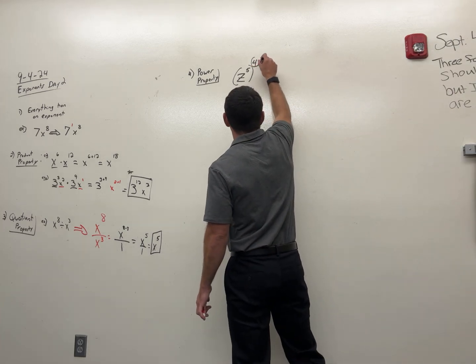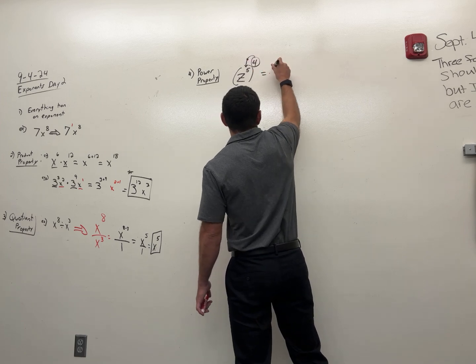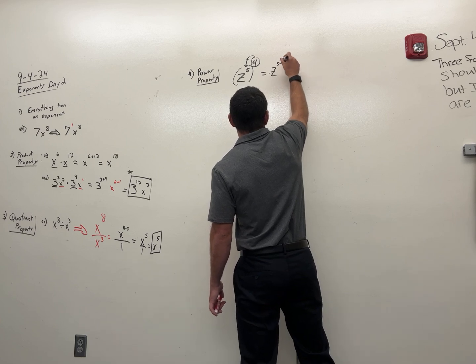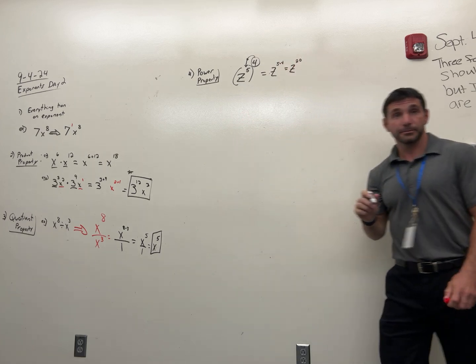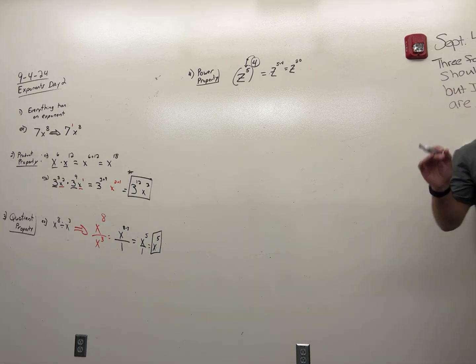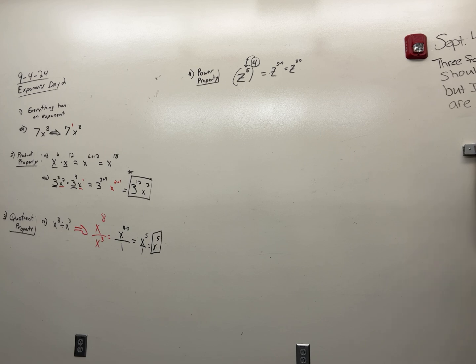We take the 4 and we multiply it to the 5. So it's really z, 5 times 4, which is z to the 20th. Did I lose anybody there? Okay. Is this all starting to, I mean, we did all this yesterday. It should be like, oh, okay. Now I'm starting to see it.